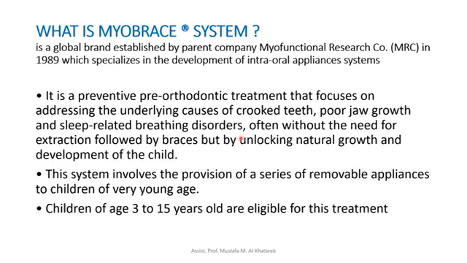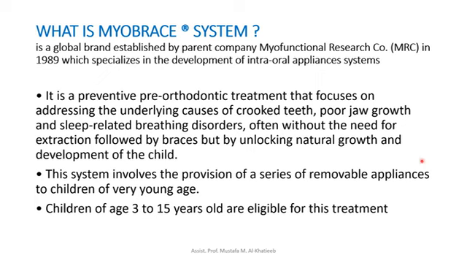What is the Myobrace system? In conclusion, the Myobrace system is produced after the trainers, so it is a more modern version than the trainer. It is a global brand established by the parent company, Myofunctional Research Company, in 1989, which specializes in the development of intraoral appliance systems.